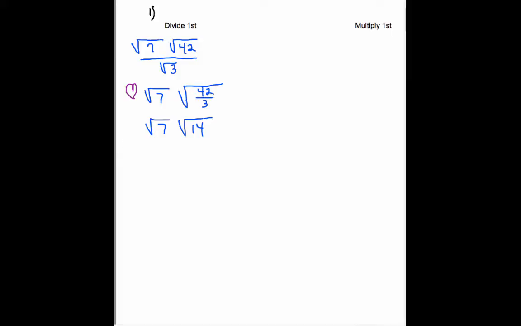So we'll do this again. This time marry them again, but this time through multiplication. So we'll have them all under one square root, 7 times 14, which is the square root of 98. The largest square in 98 is 49.